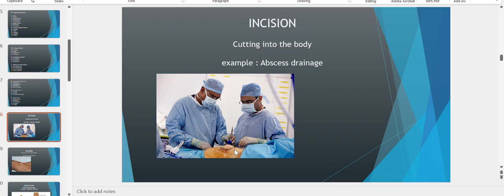The physician will first make a cut into the body, then remove and collect that fluid. So this is simply cutting into the body. Incision means simply cutting into the body.